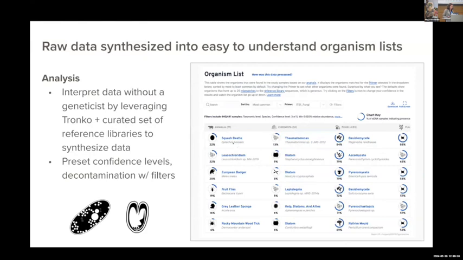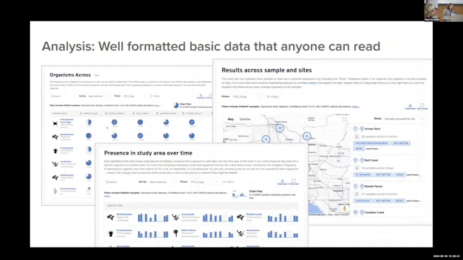And you can see here there's the scientific and the common name, and there's pictures of each of these organisms from PhyloPic. There's preset confidence levels, there's decontamination filters, and so it really does a lot of work for you to really increase your confidence about these results if you're just getting started, or even if you've been doing this for a long time.